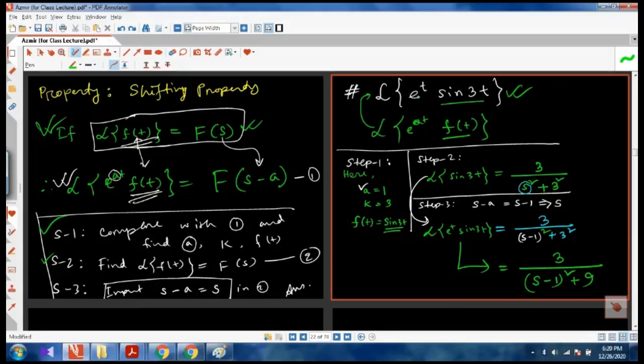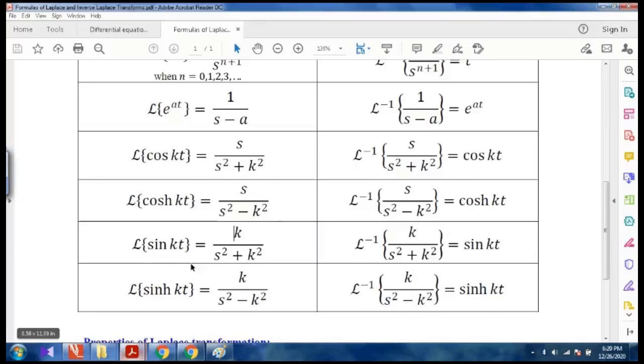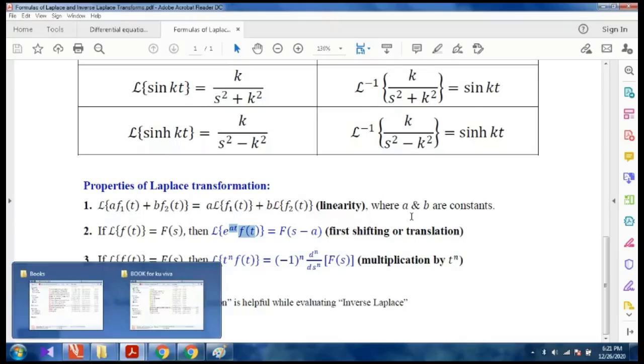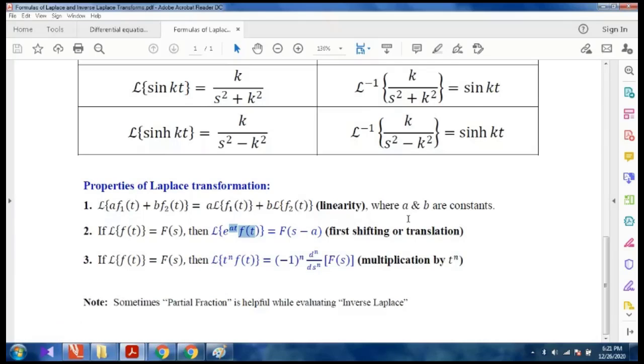So please try to have a close look at the given function. Can we apply the direct formula, or do we go with the properties? Whenever you have a question on Laplace transformation, please look closely at the question so that you can easily get the idea of which parts to use to solve it.